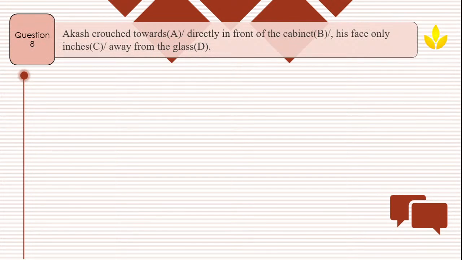Next question. Akash crouched towards directly in front of the cabinet, his face only inches away from the glass. If anybody can answer, it will be really good.